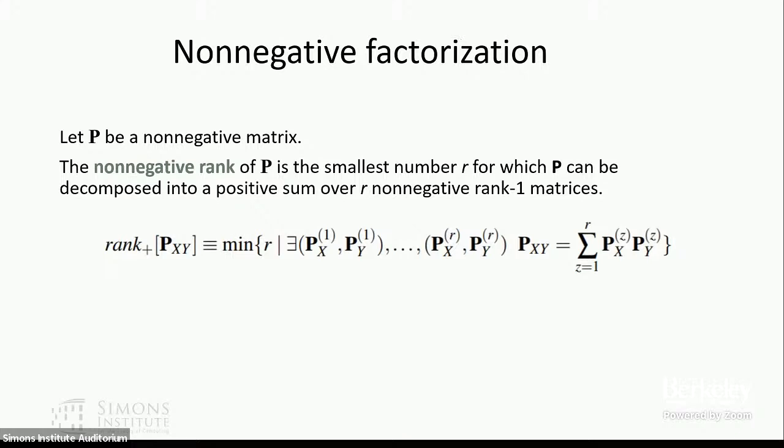We have this non-negative matrix, and we are looking for this kind of decomposition, where one is a row vector and one is a column vector, and the number of terms in the decomposition is R, which we want to minimize. This is what people call the non-negative rank.